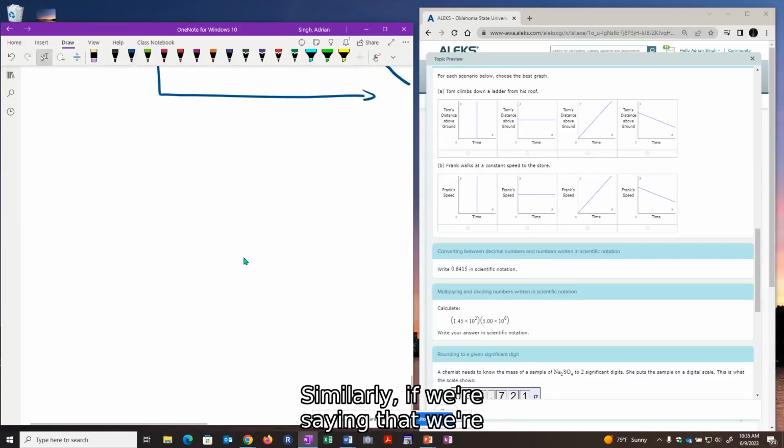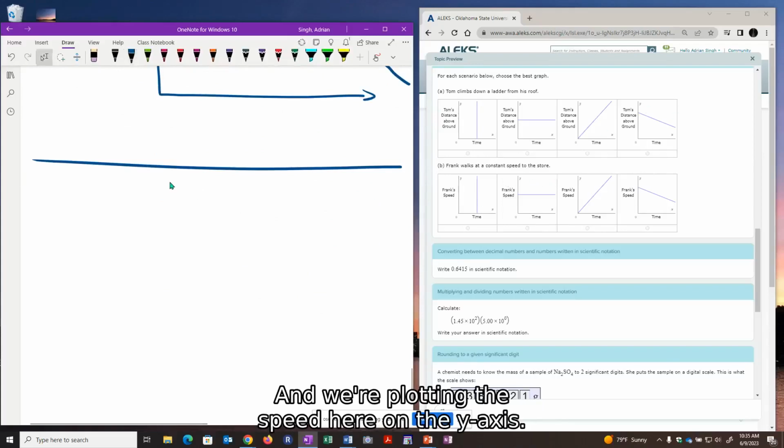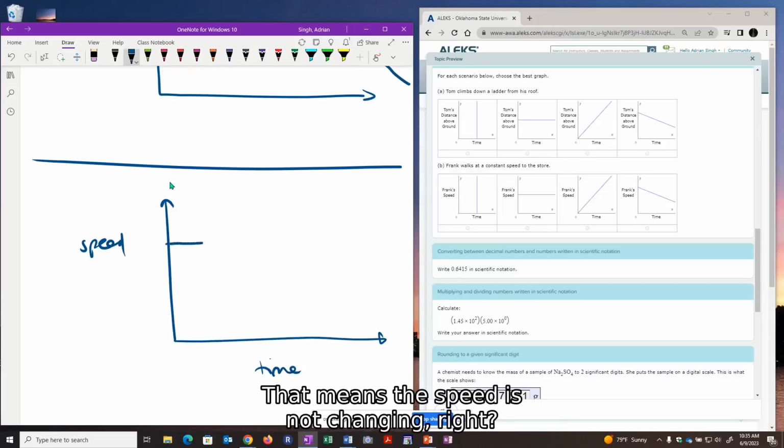Similarly, if we're looking at a person walking with a constant speed to the store, right? And we're plotting the speed here on the y-axis and time here on the x-axis. If they're walking or moving at a constant speed, that means the speed is not changing, right?